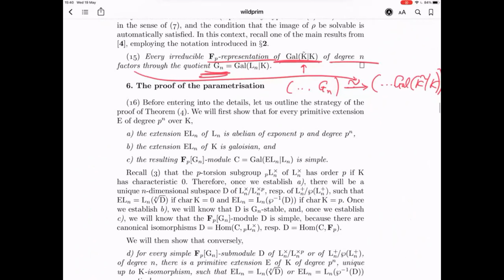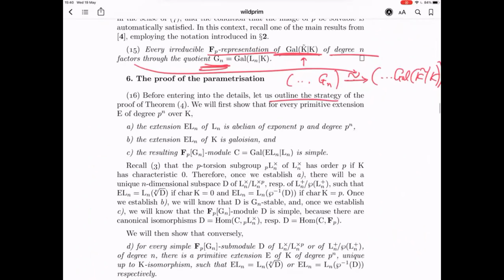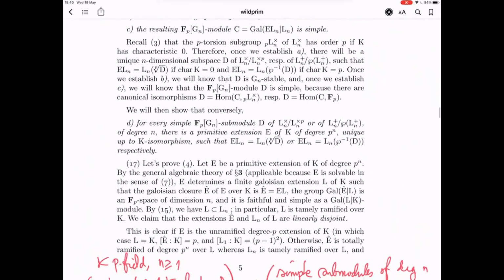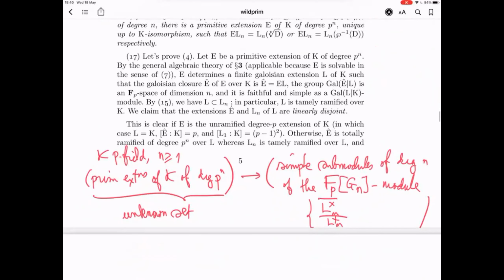So here is the strategy first. Let's first give the outline of the strategy. First of all, I have to give you a map. So E goes to what?